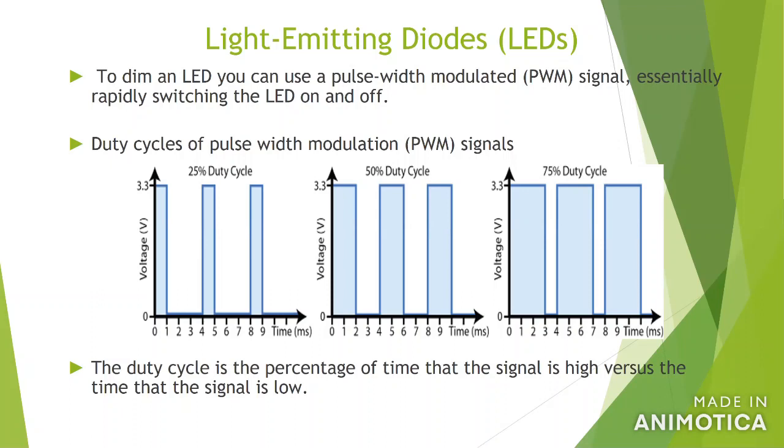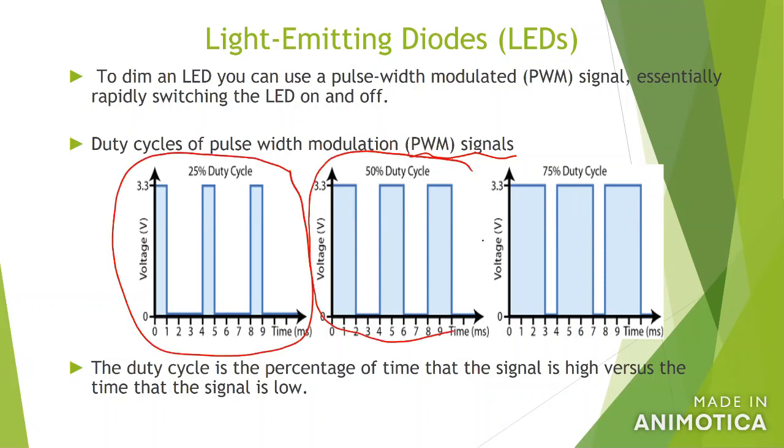So how to dim an LED? You use PWM signals. These PWM signals are basically square waves. You can see here we have three examples of PWM signals.